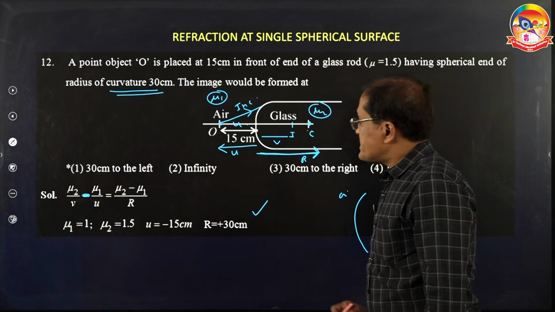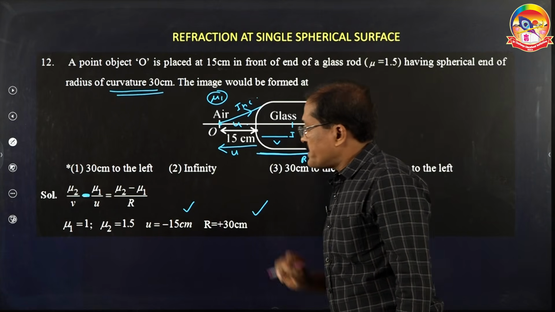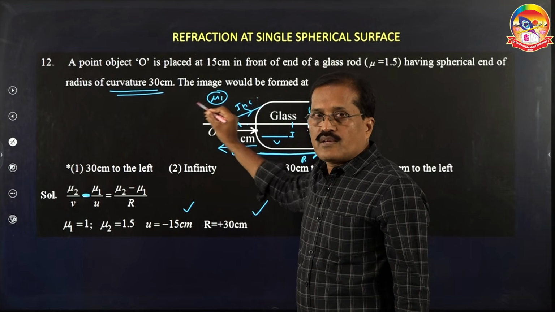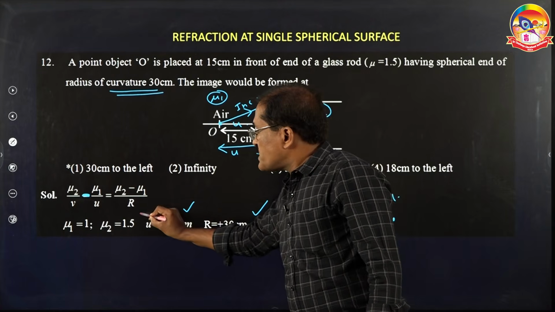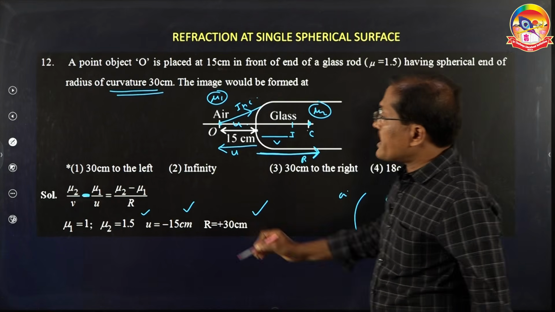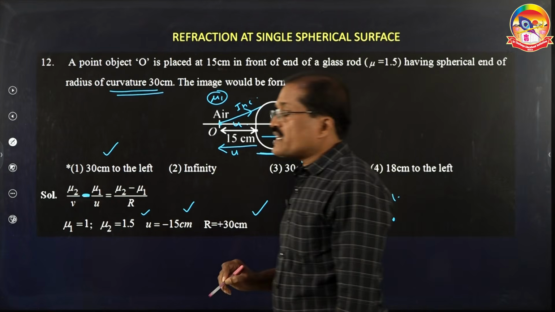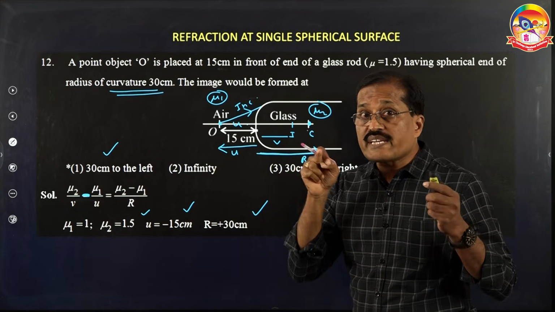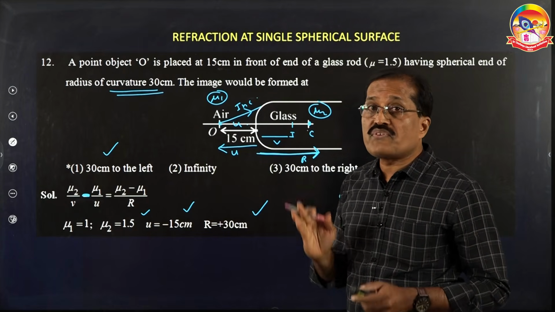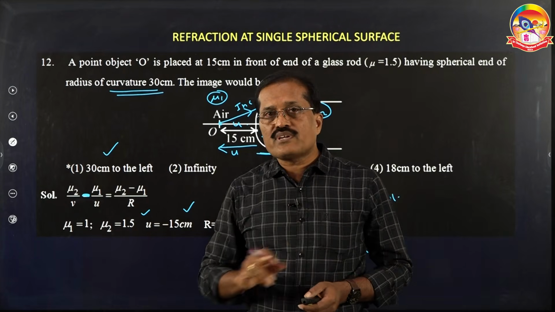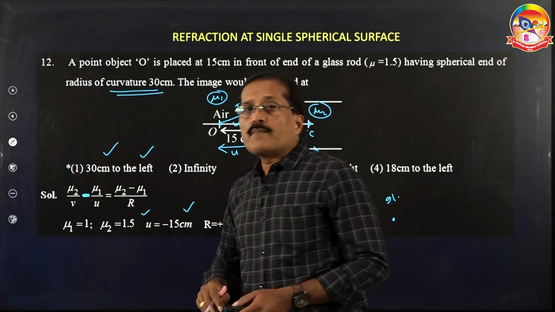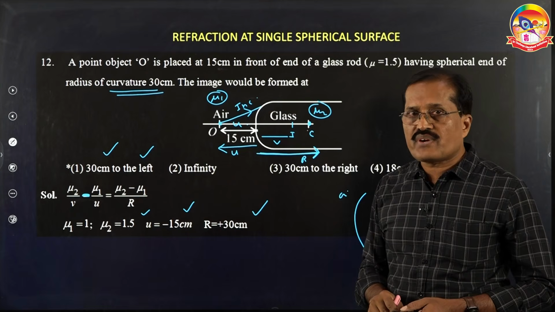R is equal to plus 30, u is equal to minus 15, mu1 is 1 for the air medium, and mu2 is 1.5 for the glass medium. You can substitute here and you are going to get the answer exactly 30 centimeters. If you get a positive 30 centimeter, the image will be to the right. If the image is to the left, you get a negative answer. I think we get a negative answer, therefore minus 30 centimeters. You can verify and check that.